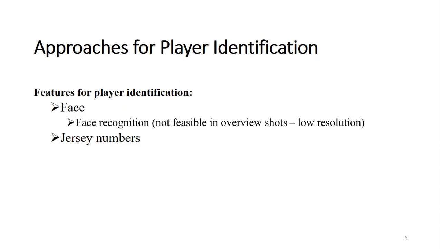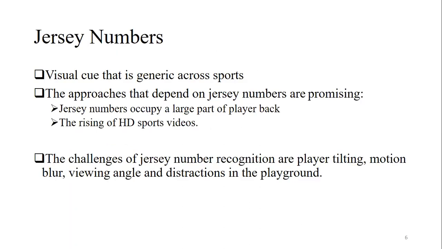The other visual cue is the jersey number. The jersey number is a physical cue that is common and generic across sports. The approaches based on jersey numbers are promising because jersey numbers occupy a large part of the player's back, and because of the rise of high-definition sports footage.